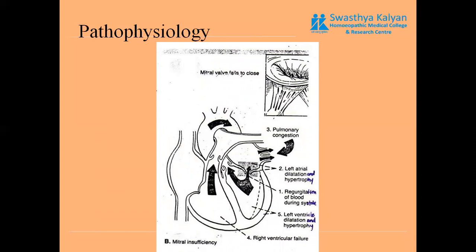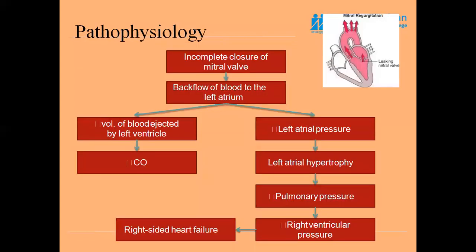This in turn will create a back pressure on the pulmonary circulation, causing pulmonary congestion. This in turn will cause right ventricular failure. As the amount of blood coming into the left ventricle reduces, because some blood goes back into the left atrium, the cardiac output will decrease, and in order to compensate, there would be left ventricular hypertrophy.